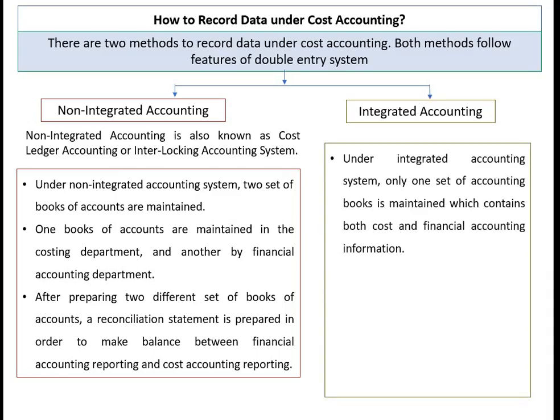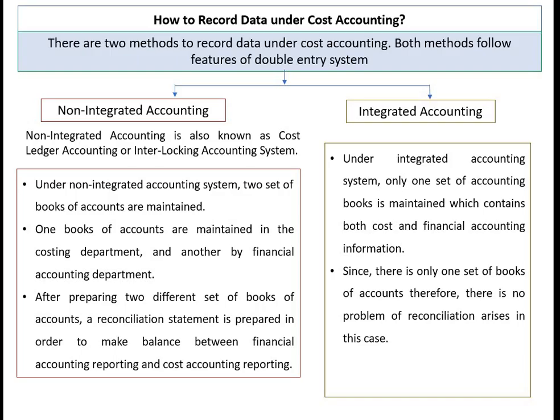Under the integrated accounting system, only one set of books is maintained, which contains both cost accounting and financial accounting information. Since there is only one set of books of accounts, no problem of reconciliation arises. This method is more convenient in a computerized accounting system because we are following one system, and the computer will help us to record all these transactions electronically.